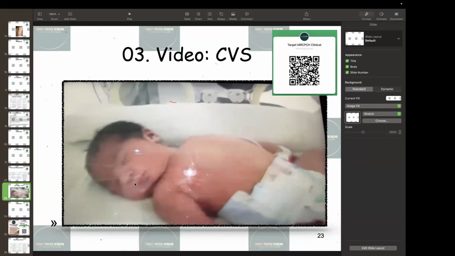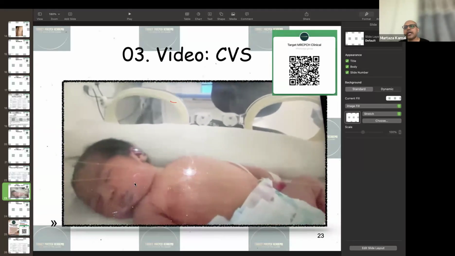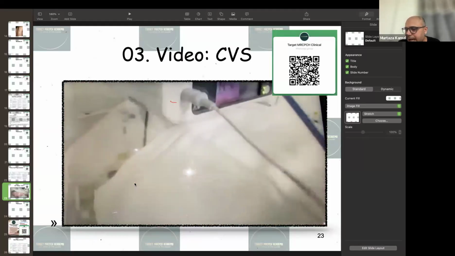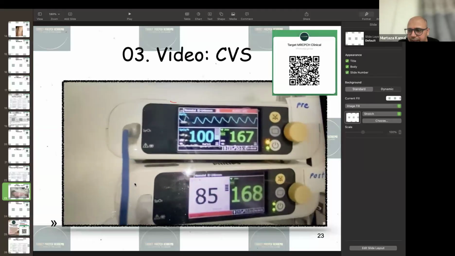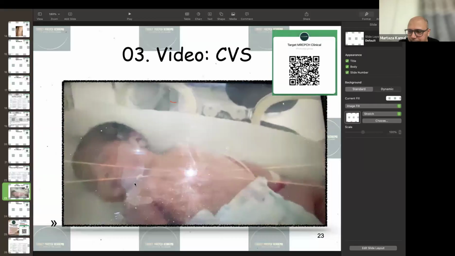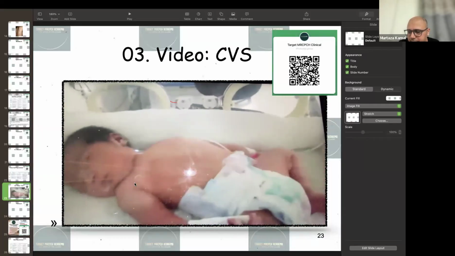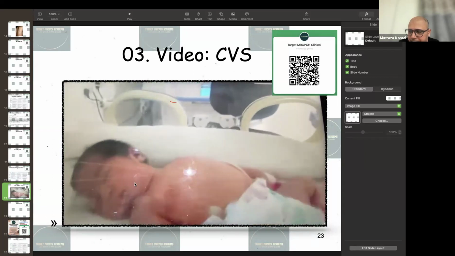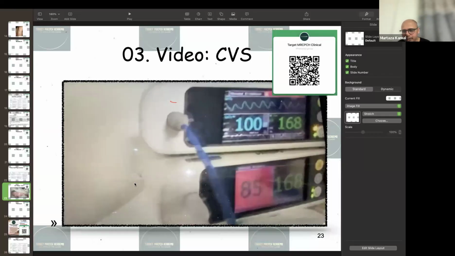If the PDA is not there, you will not get differential cyanosis, because the PDA is the only structure which can produce differential cyanosis. And this PDA should be shunting right to left. From the right ventricle, the blood should go to the pulmonary artery, and if there is very severe pulmonary arterial hypertension, then only the RV blood will go into the PDA and the descending aorta and decrease its saturation, right?